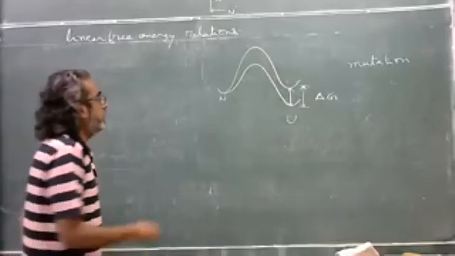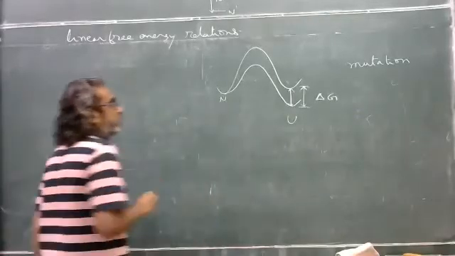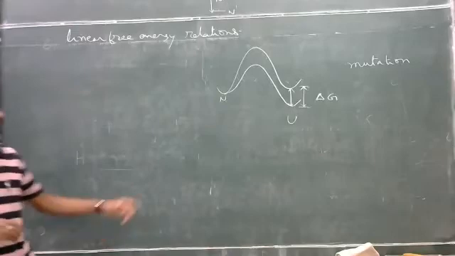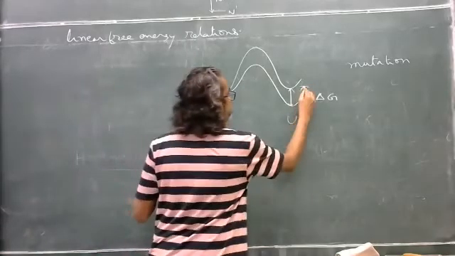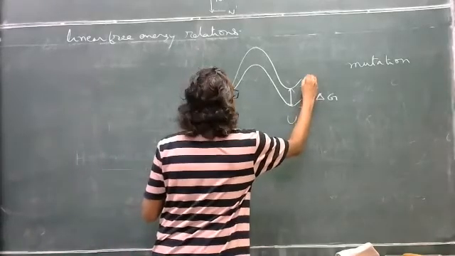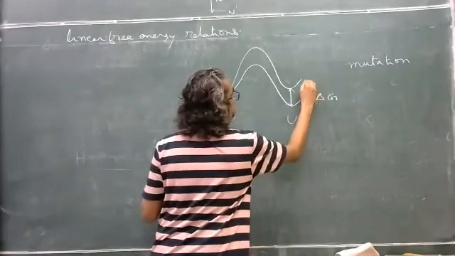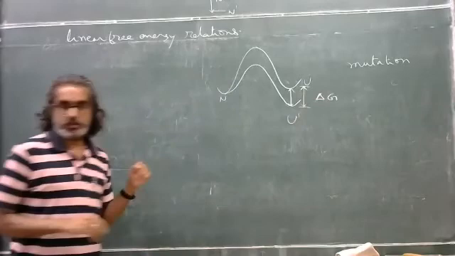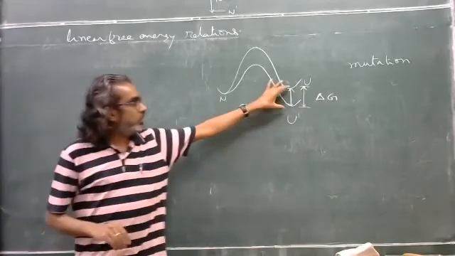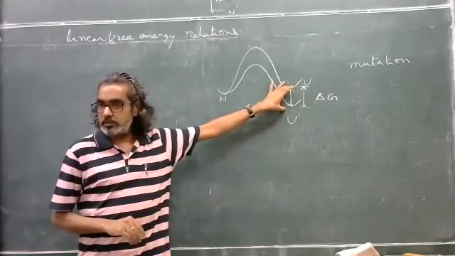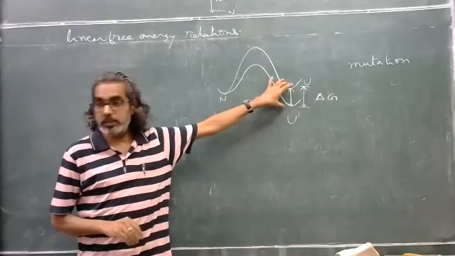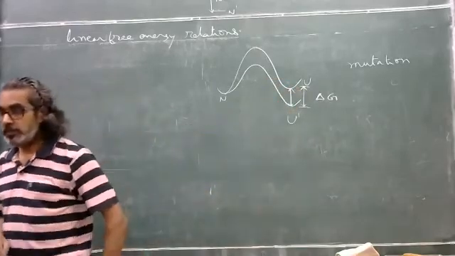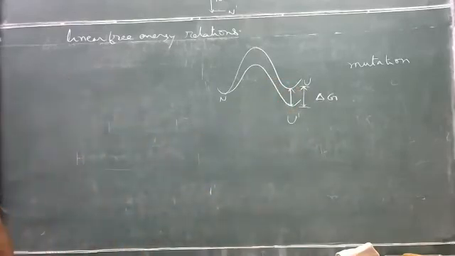Under physiological conditions, let's say you take a protein, so it has an energy landscape, N and U. When you make a mutation, the overall thermodynamic stability is changed; basically delta G is increased.